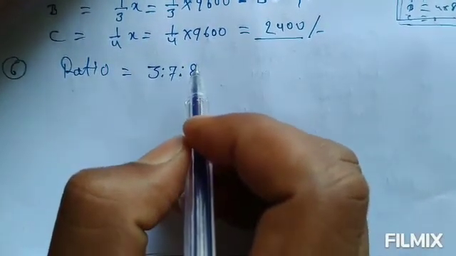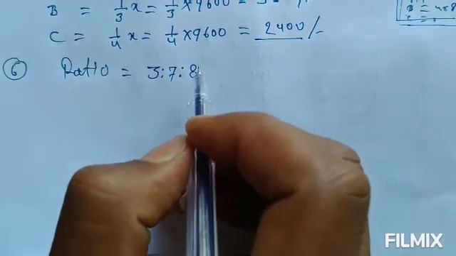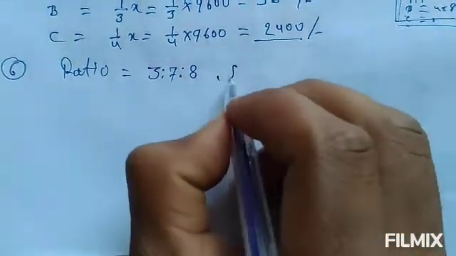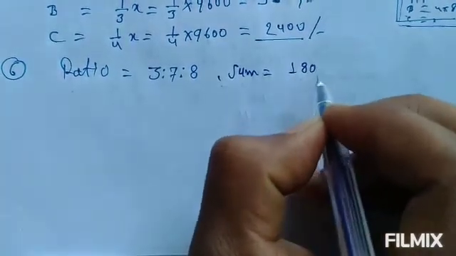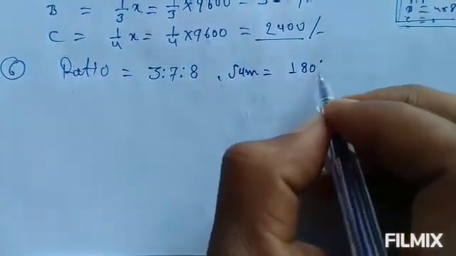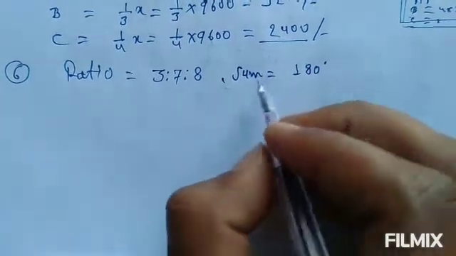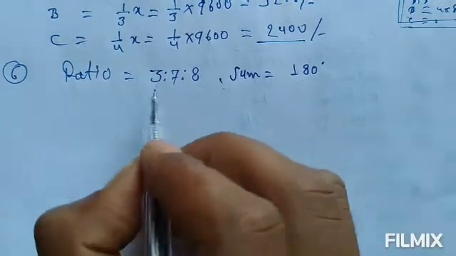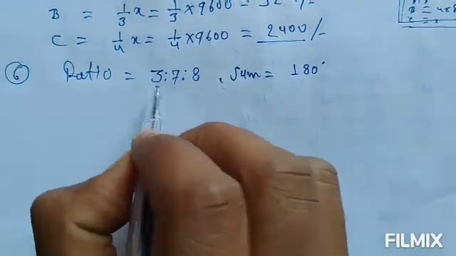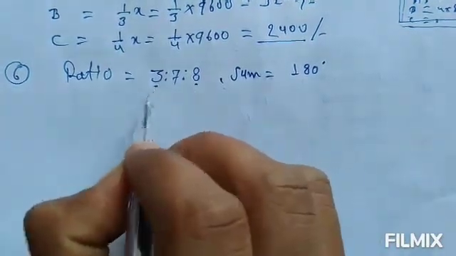And you know the sum of all the 3 angles is 180 degrees, not 360. That is the sum for a quadrilateral. The sum of all the 3 angles of the triangle is 180 degrees. Now this is the smallest angle, this is the greatest angle.